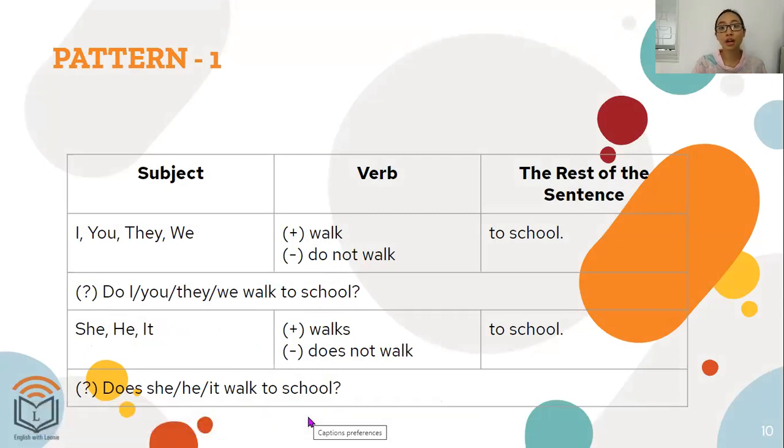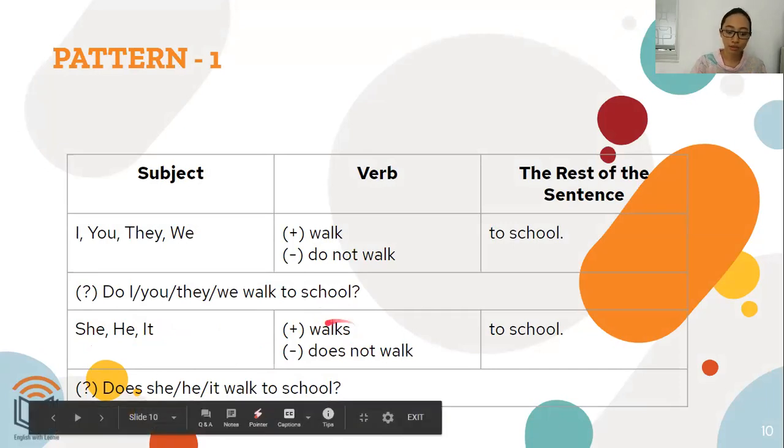So it is not base verb anymore, because you will have to add s or es after the verb. For example, walks. It is not walk, but walks, because the subjects are she, he, and it. She walks to school. He walks to school. It walks to school.